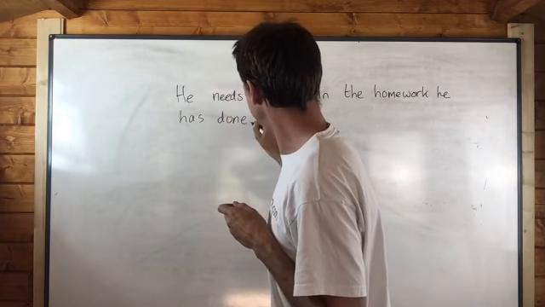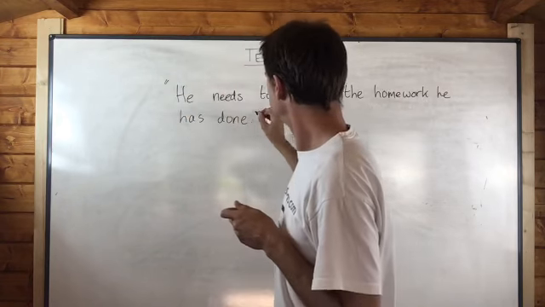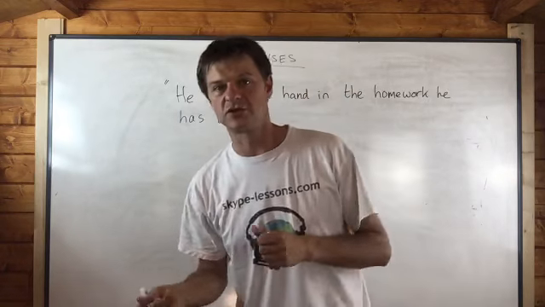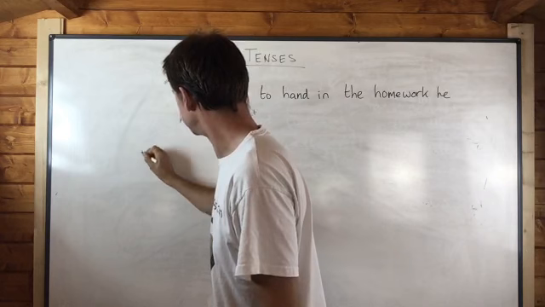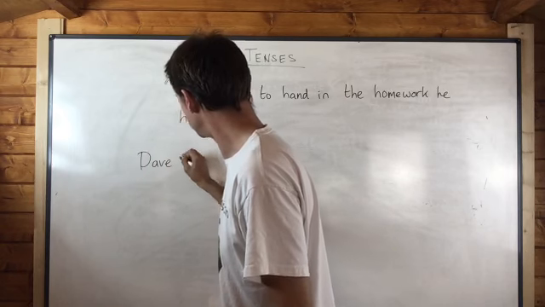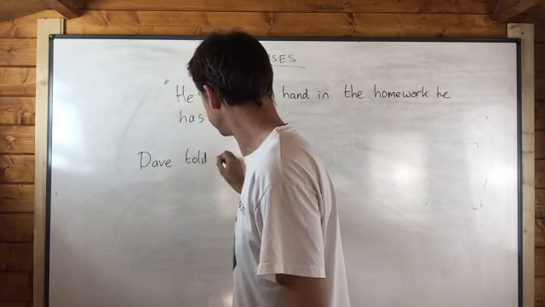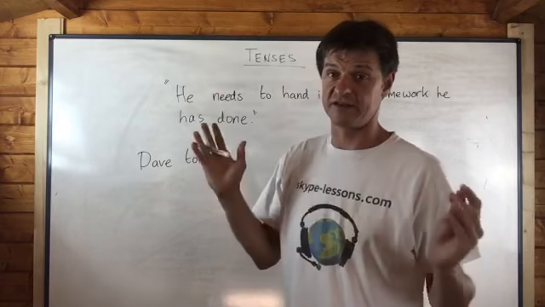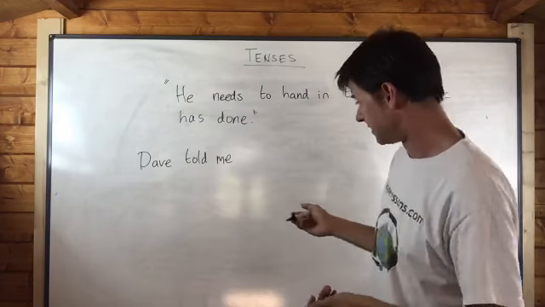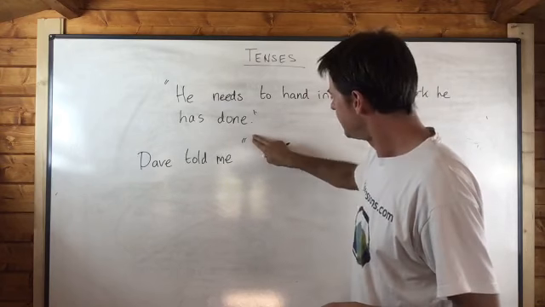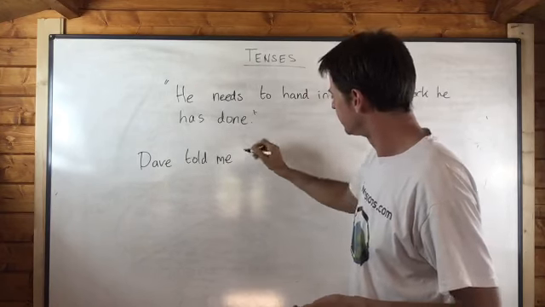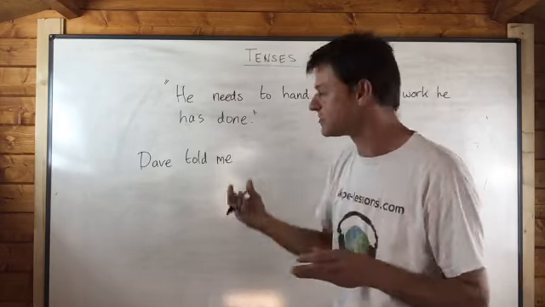Now, how do we put that whole sentence into reported speech? How do we say that, something like this, Dave said, or Dave told me, remember the difference between say and tell, otherwise it sounds really bad, you make that mistake all the time. Dave told me that, let's put it in reported, so we won't make it direct speech, we'll make it indirect speech.